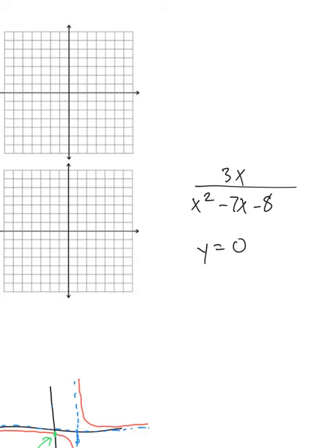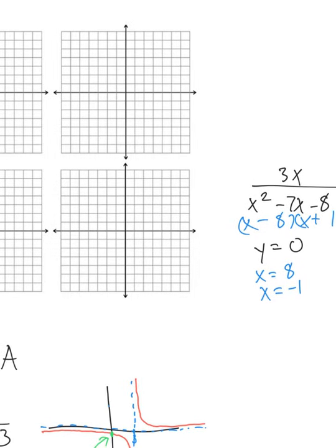To find my vertical asymptotes, I just need to factor. So if I factor this, it's x minus 8 times x plus 1. So x equals 8 and x equals negative 1 will be my asymptotes here.